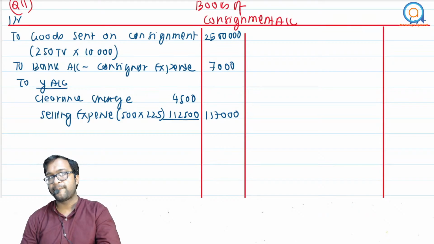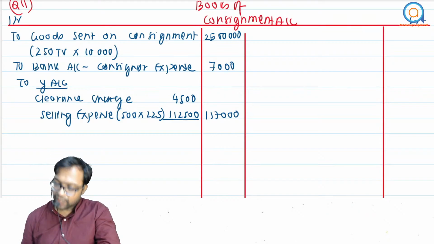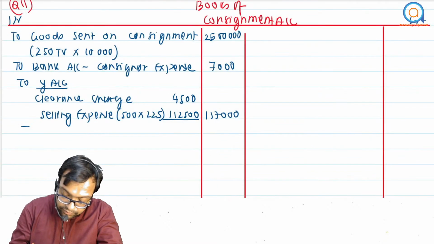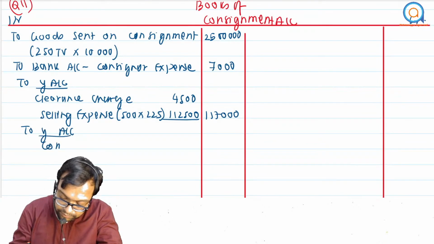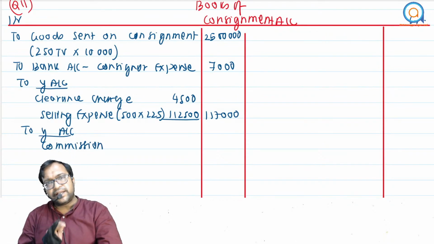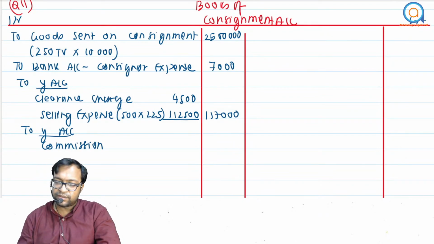Correct. Next. After this, we write to Y account commission. I'll find it later on because I have not read the lines relating to commission. I'll fill it later on. Just wait a bit.